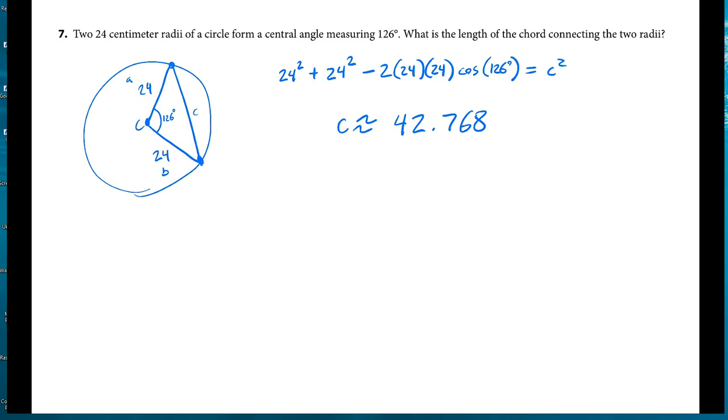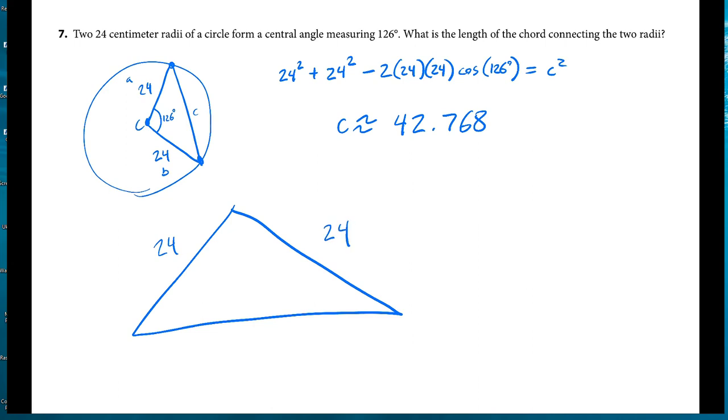Now you could have noticed, especially in an isosceles triangle, a lot of times it's easier to just go, well, if this is 24 and this is 24, I can split this, and I know I split the top angle. So its top angle ends up being 63 and 63. Because you split this using an altitude right down the middle, you could just use the 63 in the sine.